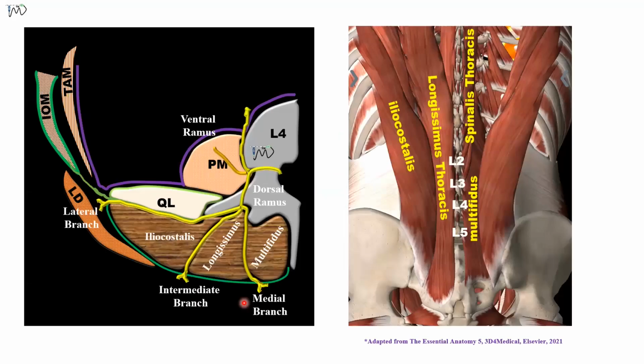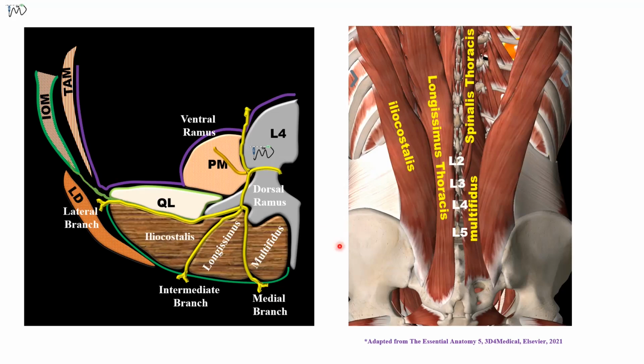The dorsal rami of L1 to L4 spinal nerves tend to form three branches. As you can see here, the medial, lateral, and intermediate one, which are distributed respectively to multifidus, iliocostalis, and longissimus muscles.